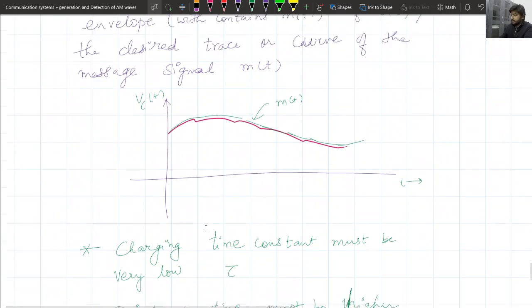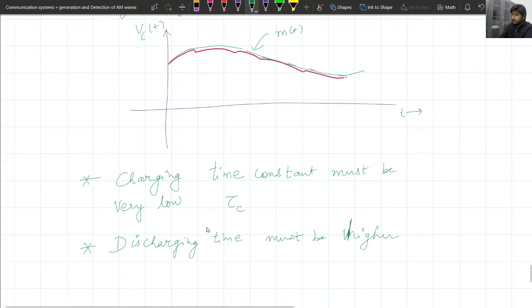Then the charging time constant tau is Rs into C. This charging constant must be very low, and Rs C should be much less than the time period of the carrier frequency.